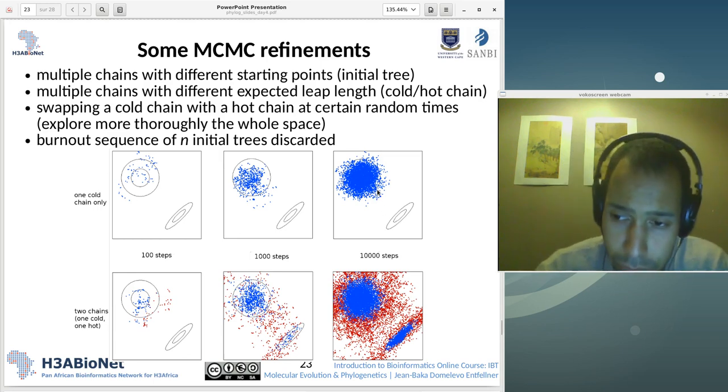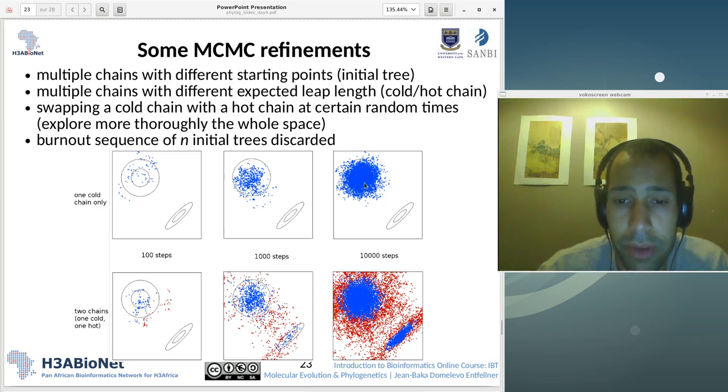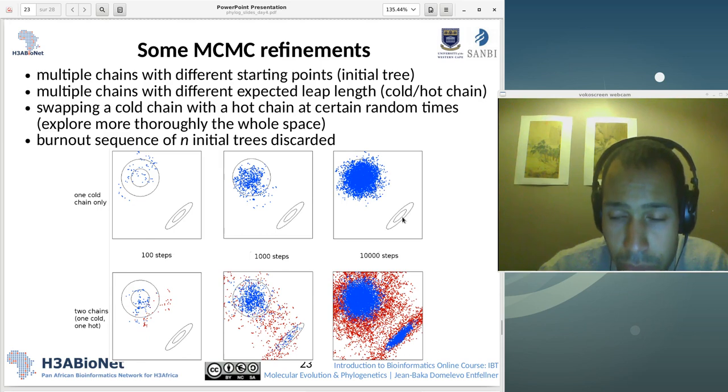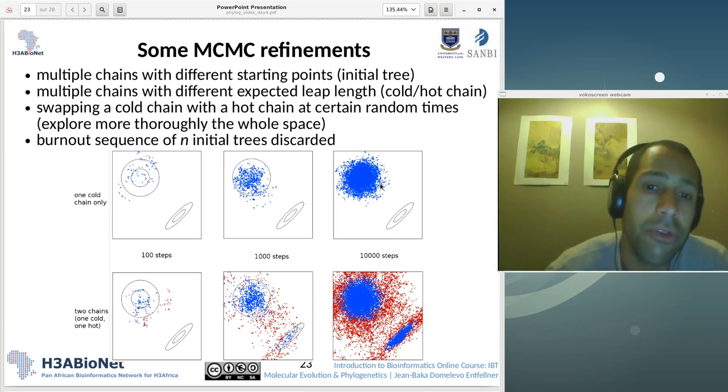In order to make it able to explore this second peak, you have tricks. You can increase the size of the steps in the hope that you will be able to jump straight from one point here to one point there. You can increase the acceptance probability for jumps going to a lower altitude, etc.